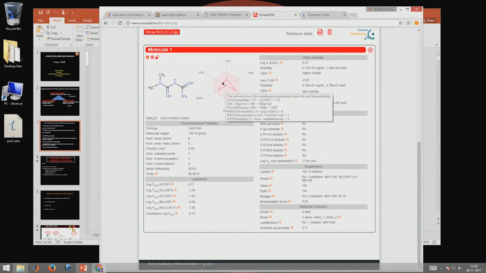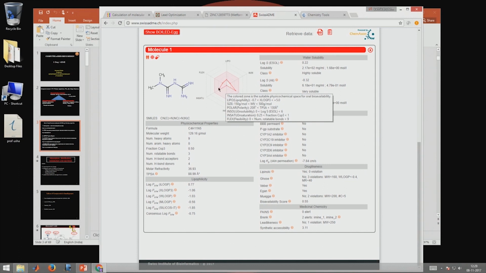So this is also an interesting graph which puts in the lipophilicity, size, flexibility, and number of unsaturated bonds, and then it draws the molecule. If it falls within this pink area, that means it satisfies all conditions.